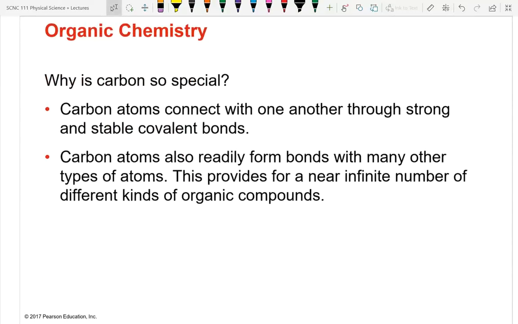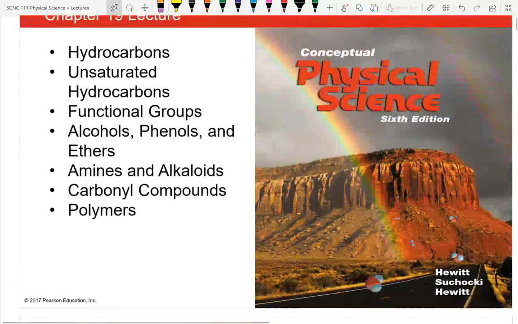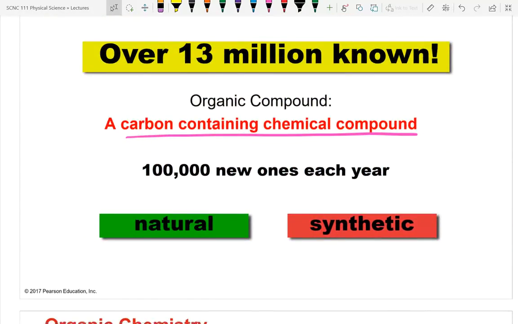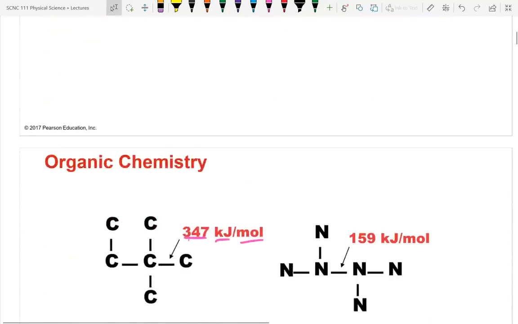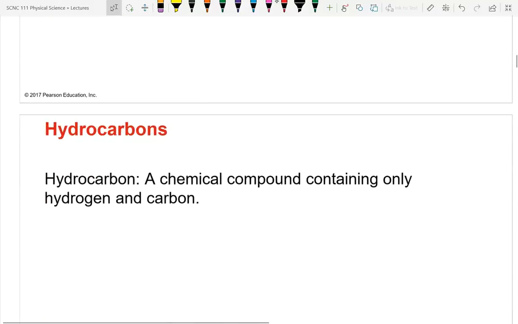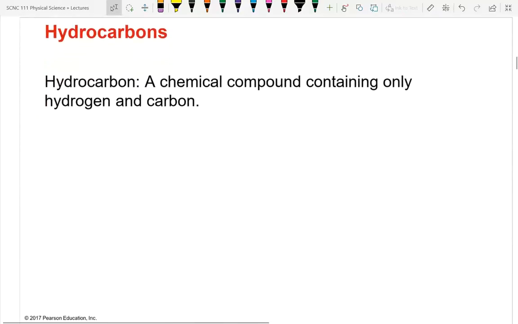Next, this is what we just talked about. Next, carbon atoms will easily form bonds with many other types of atoms so that we can make lots of combinations. You saw 13, or 1.3, no, what's 13? 13 million known compounds. It's a lot of compounds containing carbon. And hydrocarbons are really, really important.